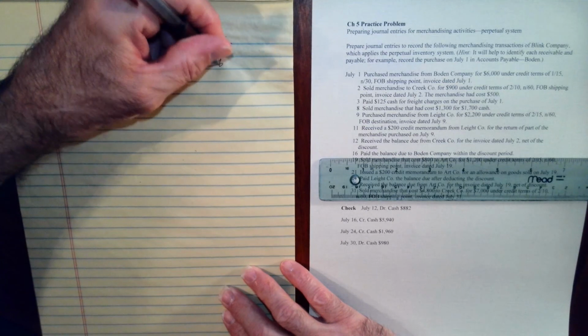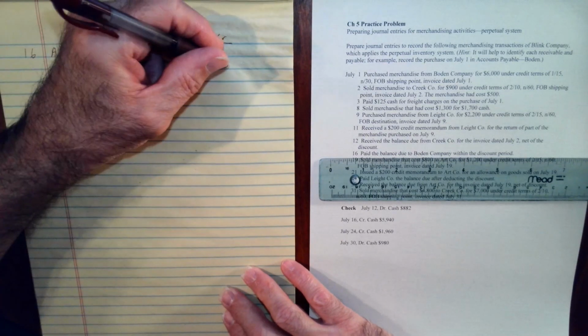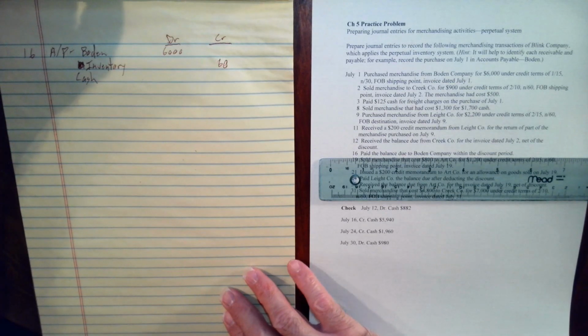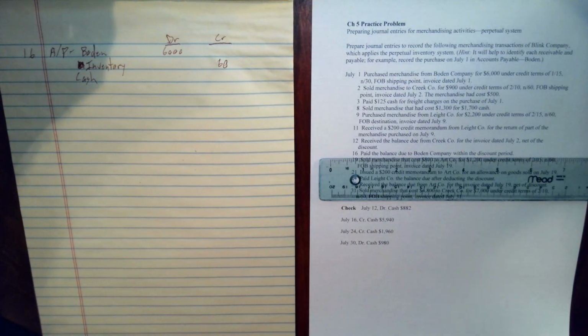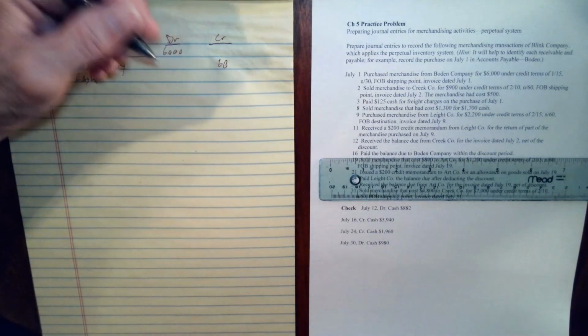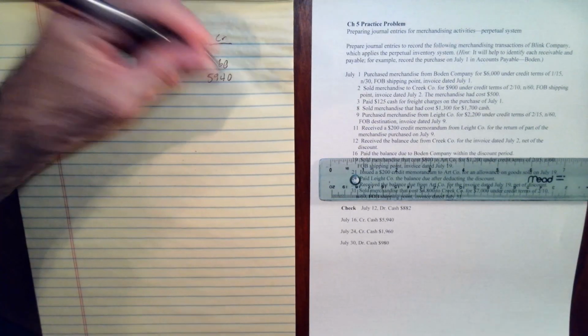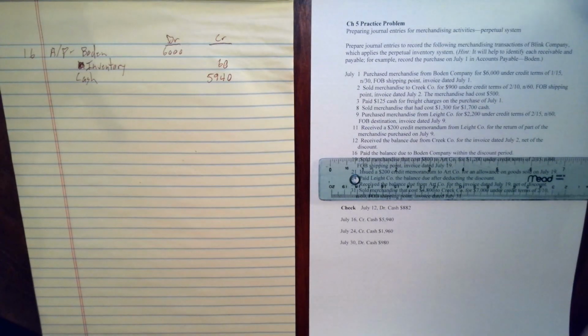For 1% of 6,000, or $60, and then cash is going to be the difference between the two at $5,940. Okay.